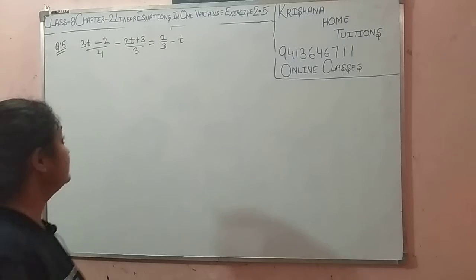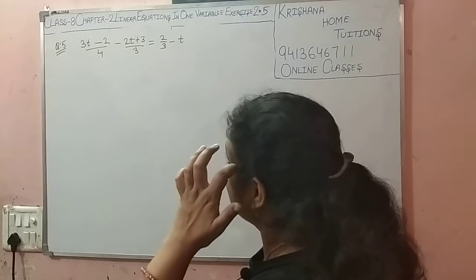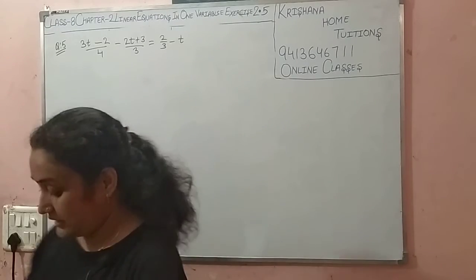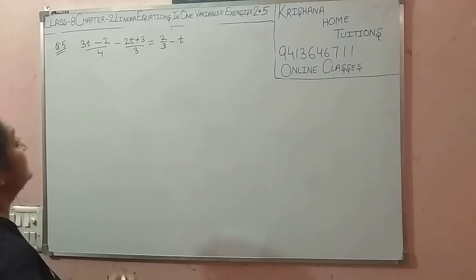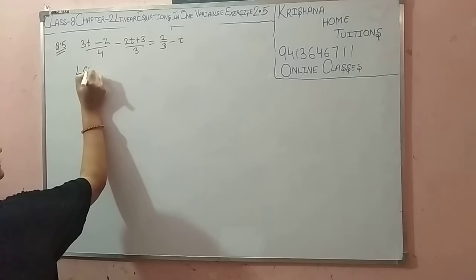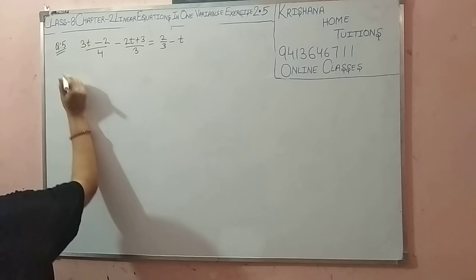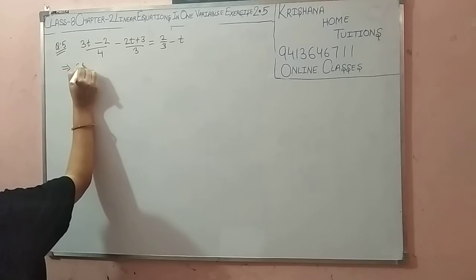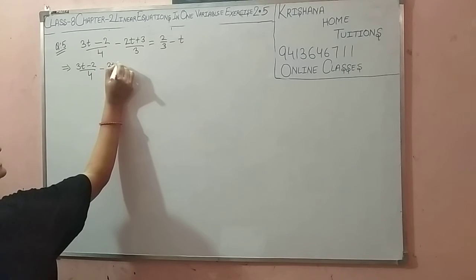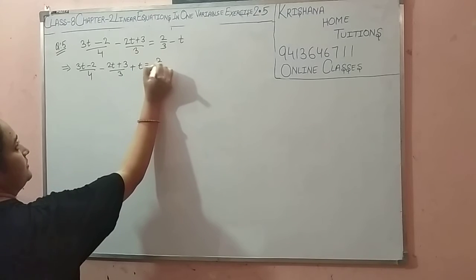Now question number 5 is 3t minus 2 upon 4 minus 2t plus 3 is equals to 2 upon 3 minus t. So first we have to take the LCM here. Before taking the LCM, first I am transferring the term. 3t minus 2 upon 4 minus 2t plus 3 upon 3 plus t is equals to 2 upon 3.